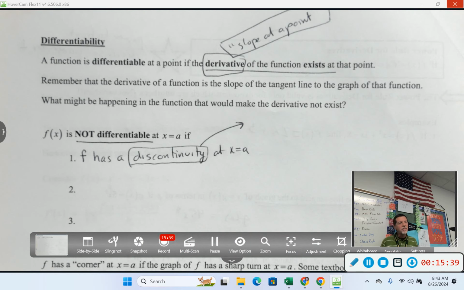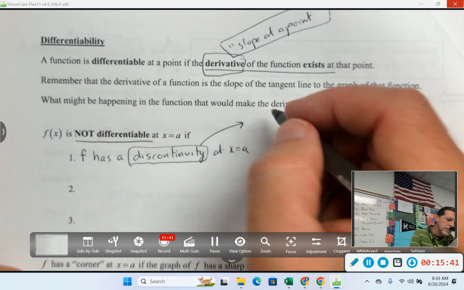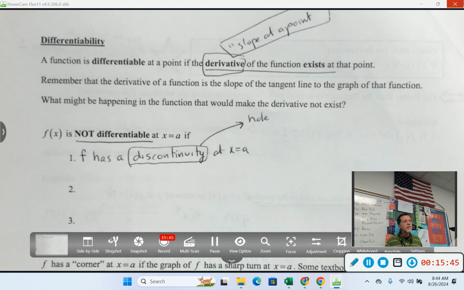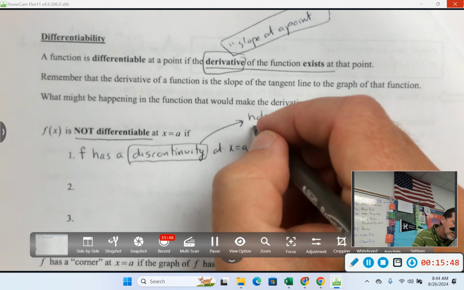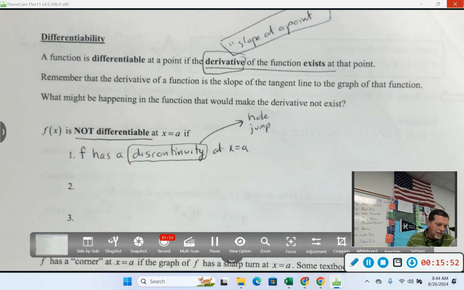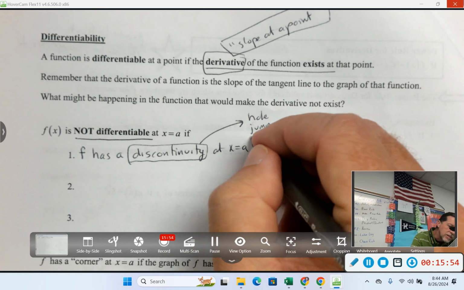There were 3 types of discontinuities. Hole was one of them. What were the other types? Jump. And infinite or vertical asymptote.